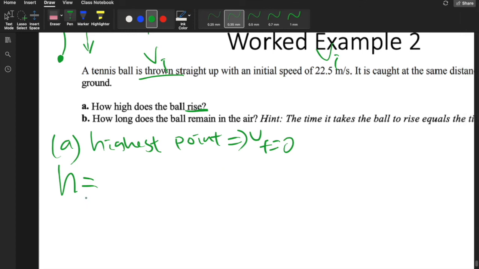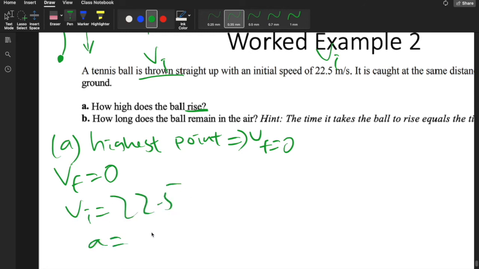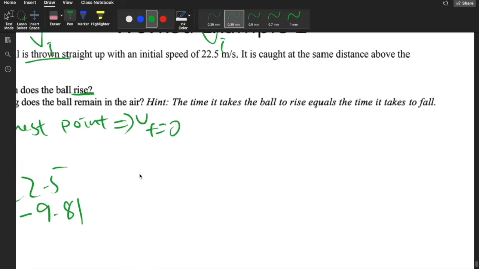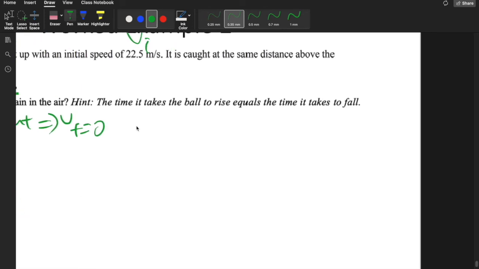So let's first see what conditions we need to know. So we know that final velocity is equal to 0, initial velocity is equal to 22.5, acceleration is equal to negative 9.81, and we just need to solve for h. So it's the displacement. So what equation can we use?